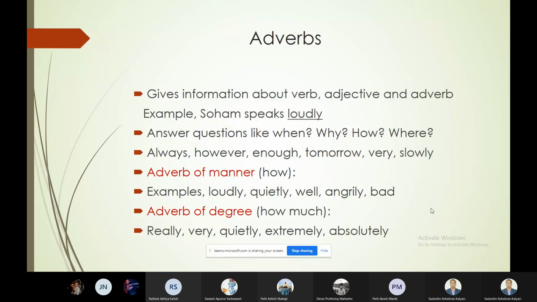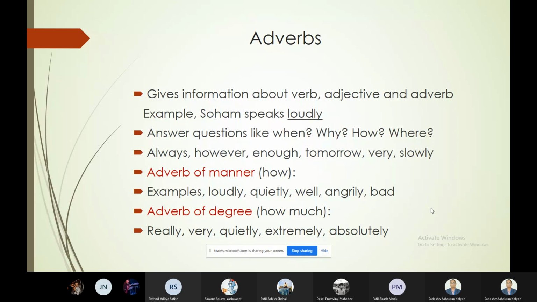So here the words which we are using, like always, however, enough, tomorrow, very, slowly, are all considered adverbs in our sentences. According to the adverbs, like the nouns, it also has types, in which the first is the adverb of manner.